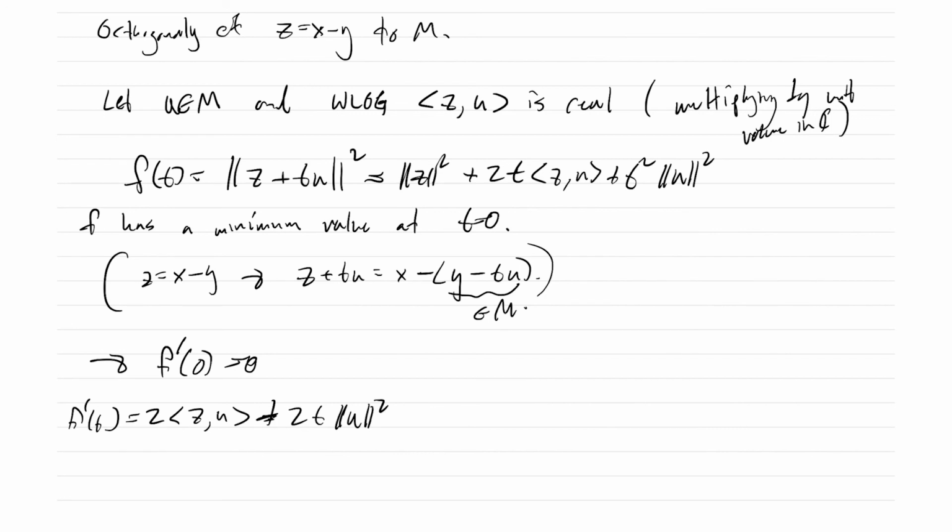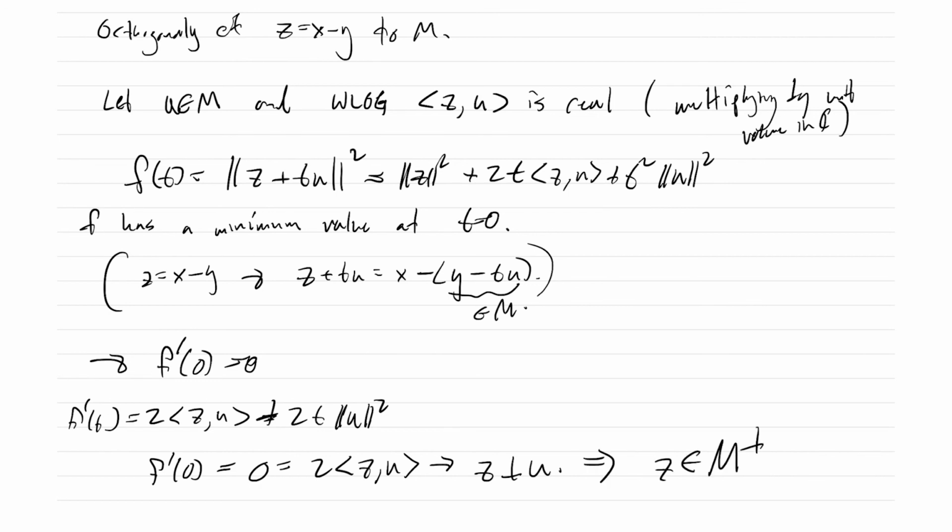And I know that f prime at 0 is equal to 0, and that is equal to just 2 times z comma u. And so that tells me that z is orthogonal to u. And since u is arbitrary, that says that z is inside of M perp. And there we go. This last bit came from Folland again. So yeah.